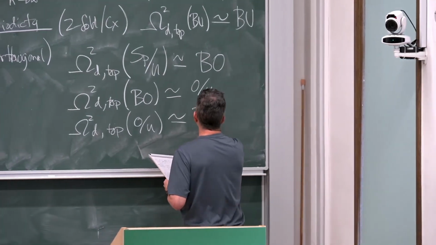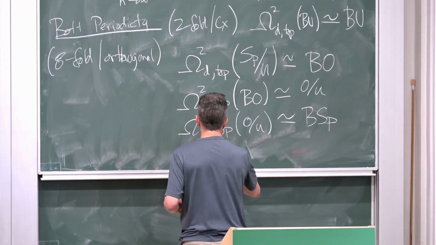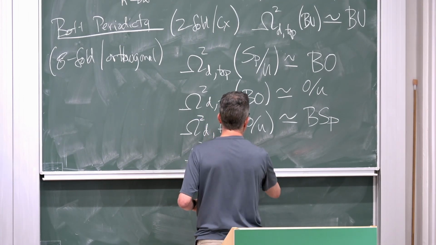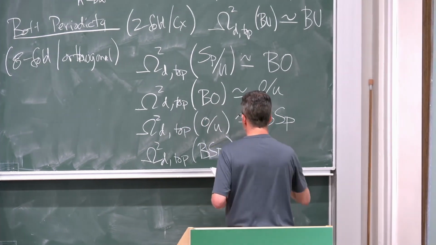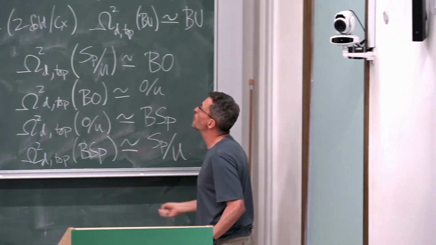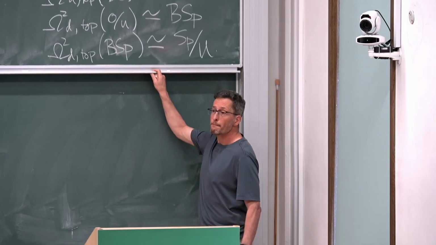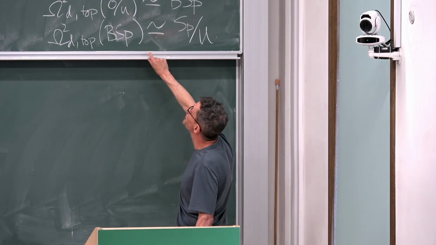This is homotopy equivalent to BSp. I get back to where I started, Sp mod U. So this is homotopy equivalent.